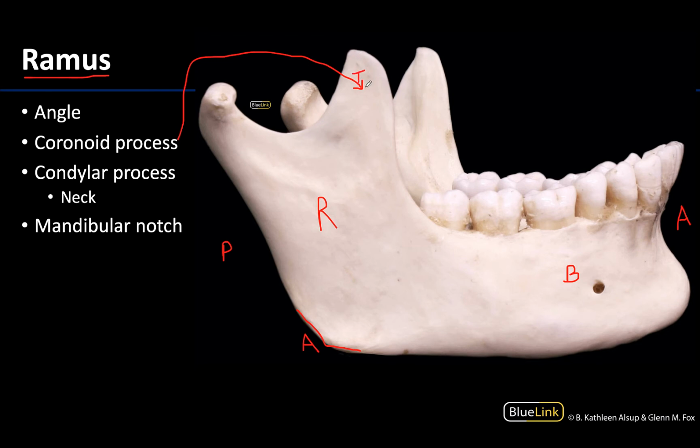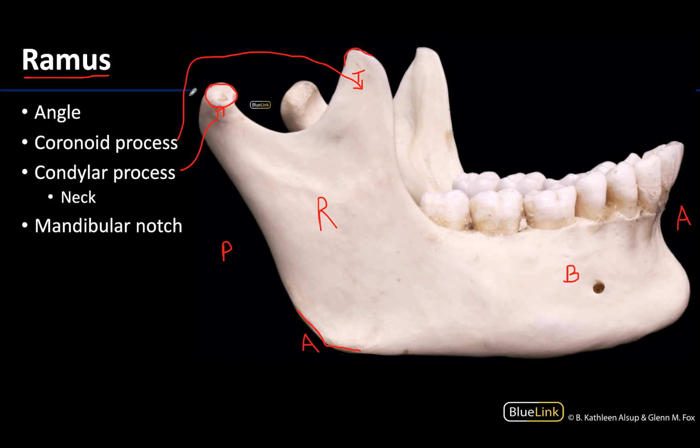And other than the fact that this process is more anterior than the condylar process, which is going to be over here, the coronoid process is going to be more pointed, as you can see fairly clearly right there. And it doesn't have the smooth articular surface that you have on the condylar process. Anytime you have a joint surface, you will have a notable smooth surface where articular cartilage was located during life, which is very important in terms of joint function.